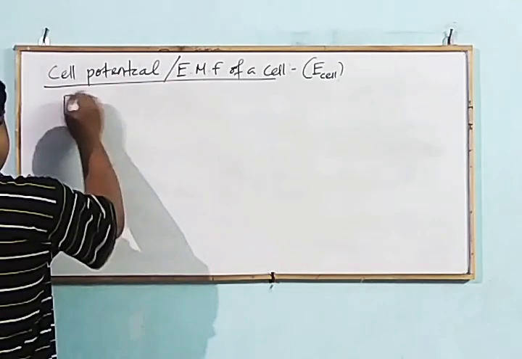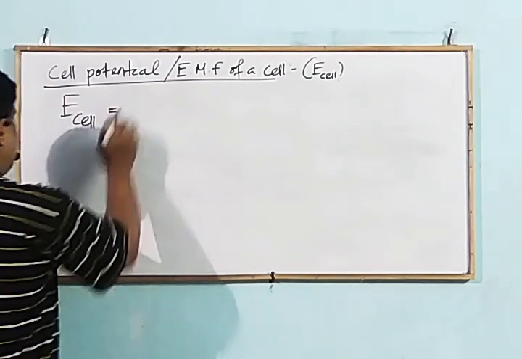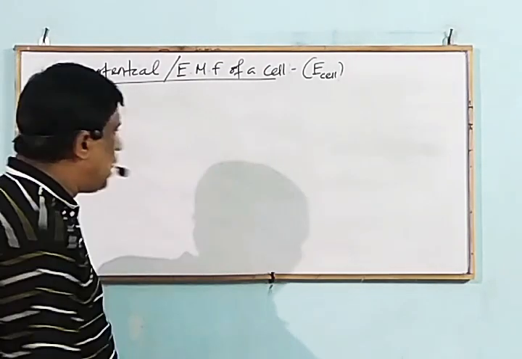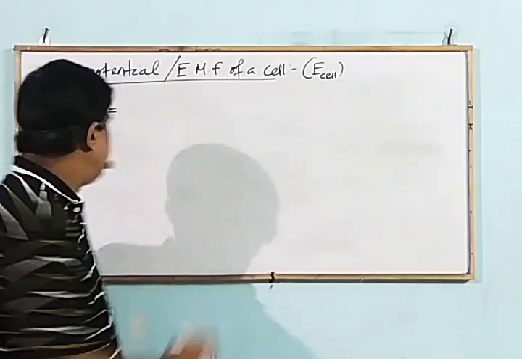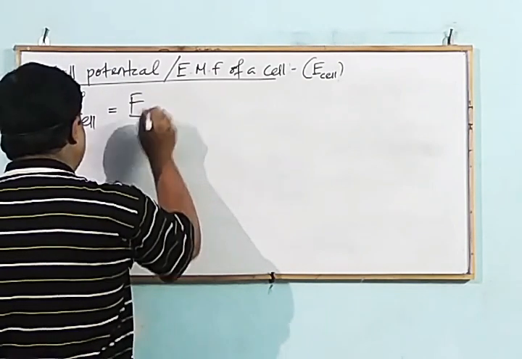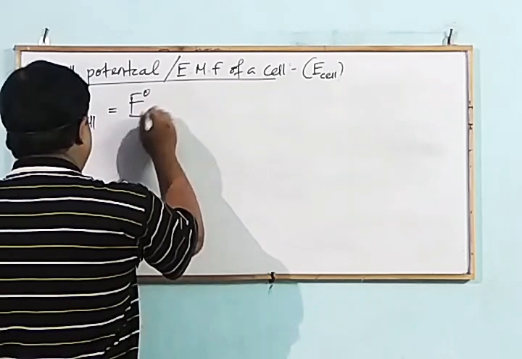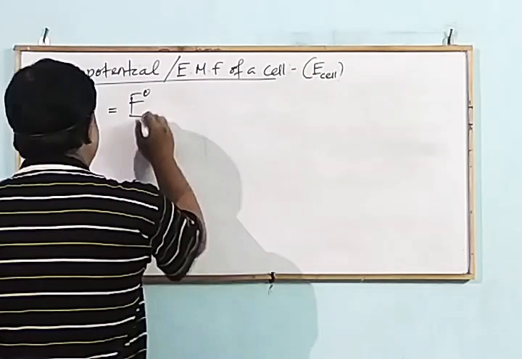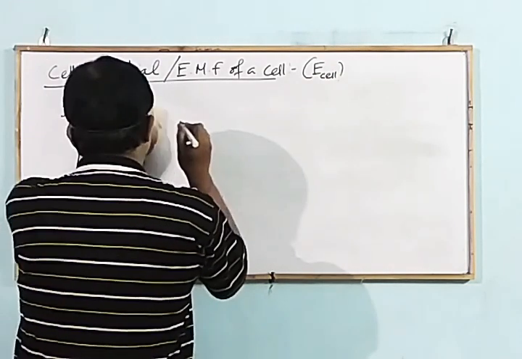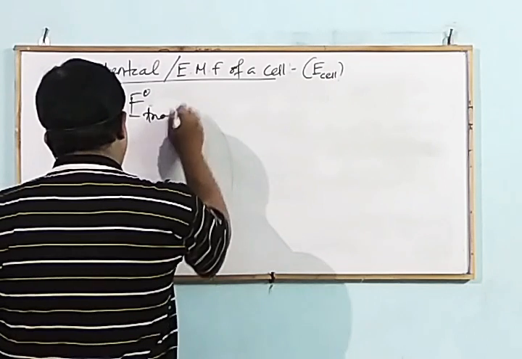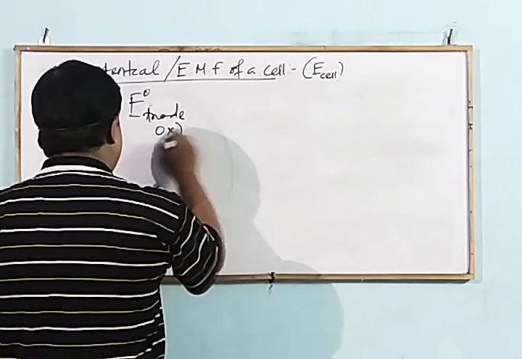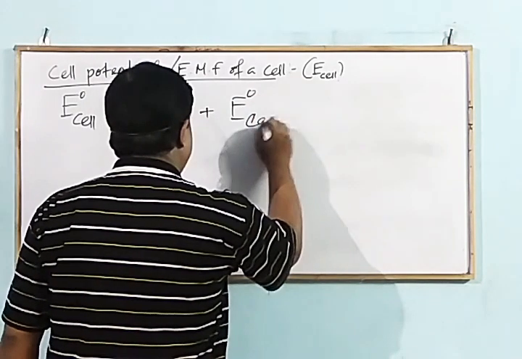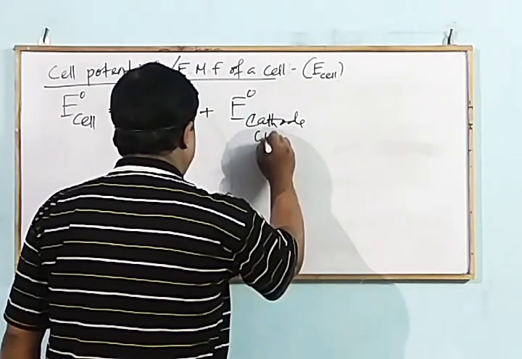Symbolically, it is represented as E cell, or standard cell potential or standard electromotive force of a cell, E° cell equals E° of anode, that is oxidation, plus E° of cathode, that is reduction.